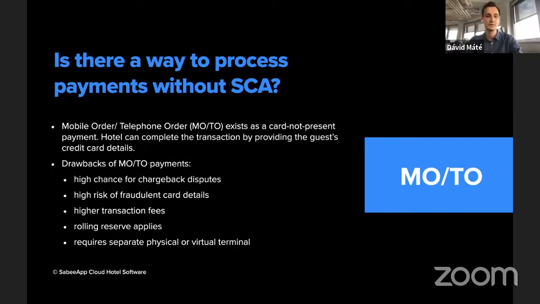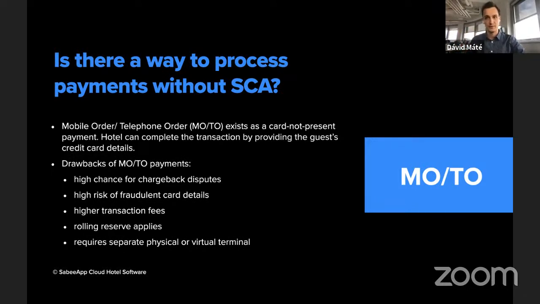There is a so-called mobile order, telephone order type of transaction. Again, yet another acronym. It's called MOTO for short. And this actually serves the purpose of being able to make a charge by entering in the credit card details, but the card is not present. So the customer is not there to authenticate the transaction.